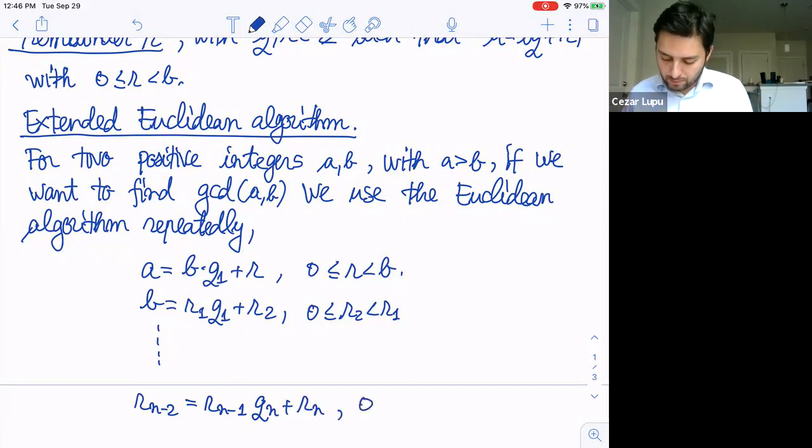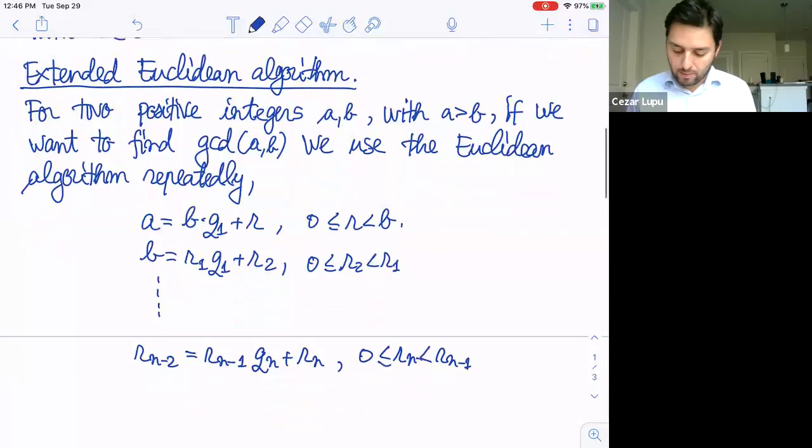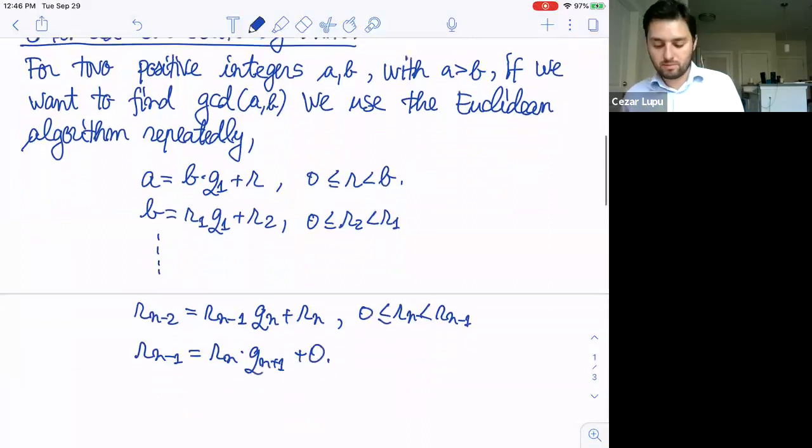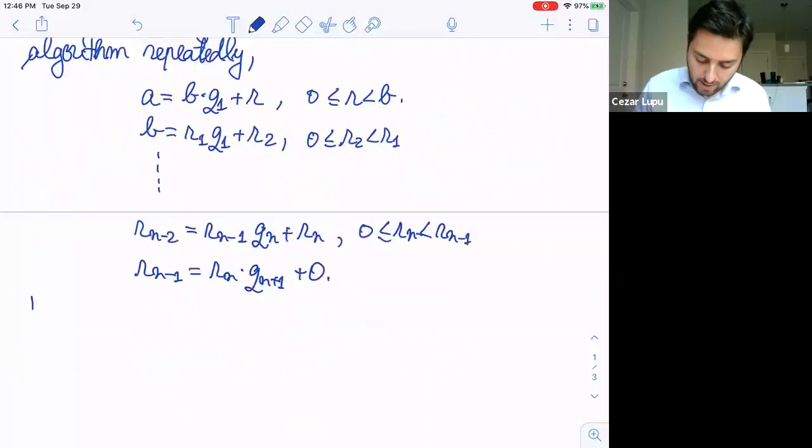With Rn less than Rn minus 1. And the last one will be Rn minus 1 equals nothing else than Rn times Q sub n plus 1. And here I'll have 0. So I will stop here. The Euclidean algorithm stops.